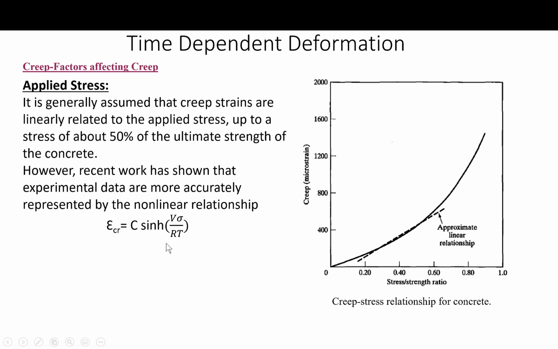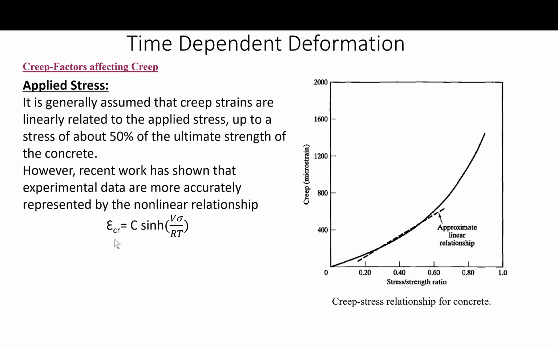I'm sorry, let me go back. Basically, this is the creep strain, which equals C, which is a constant, multiplied by the hyperbolic sine of V times sigma over RT.